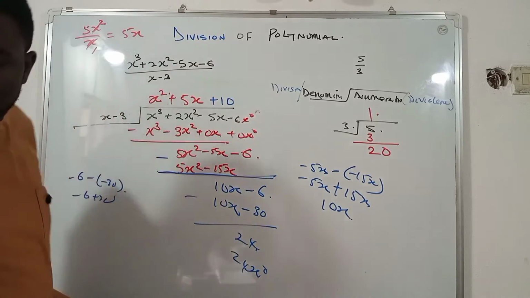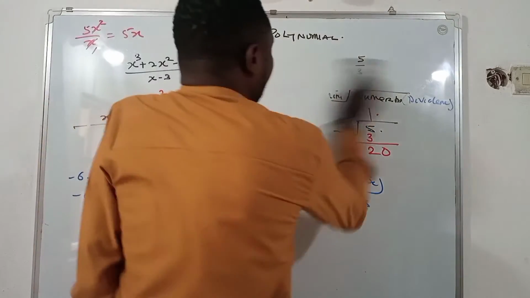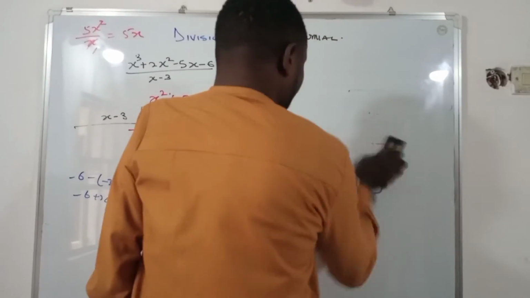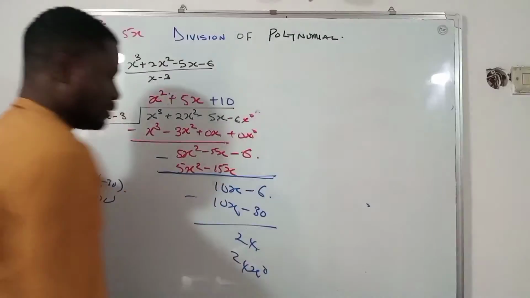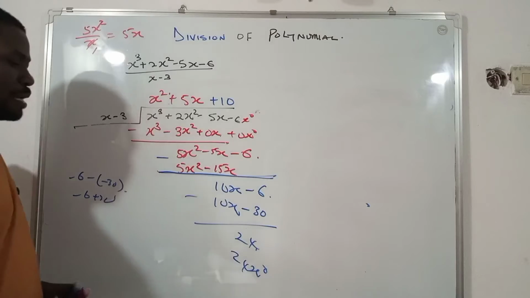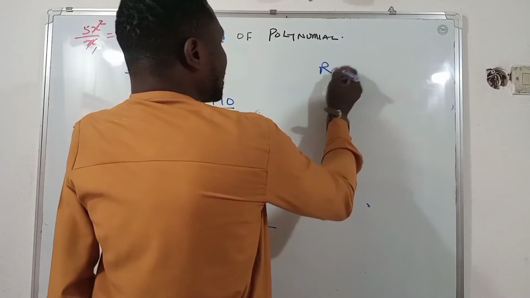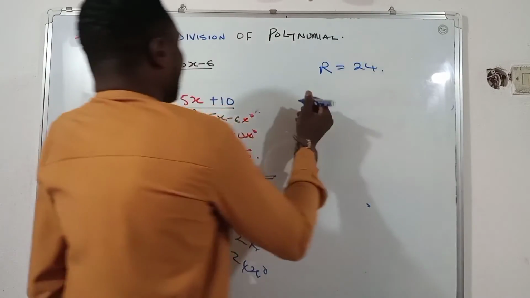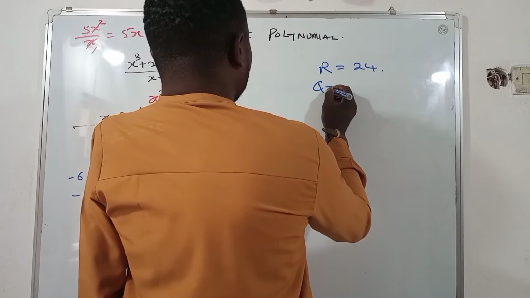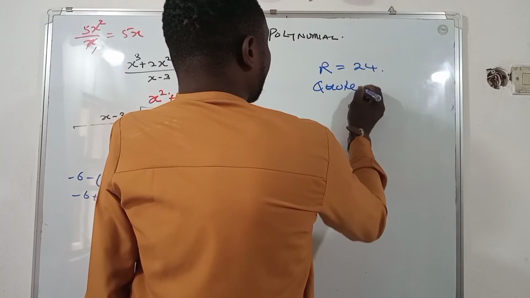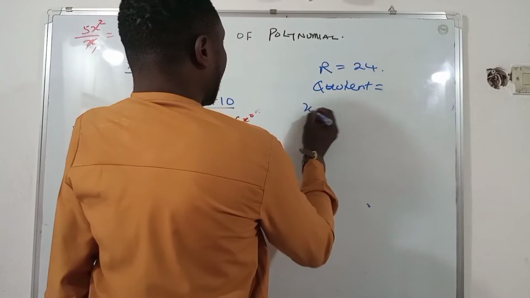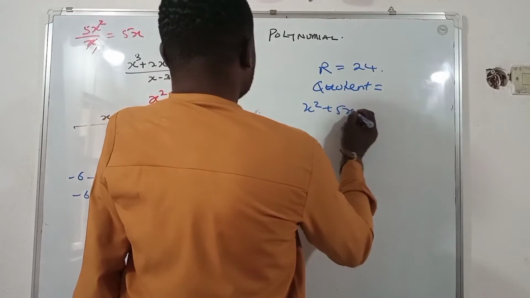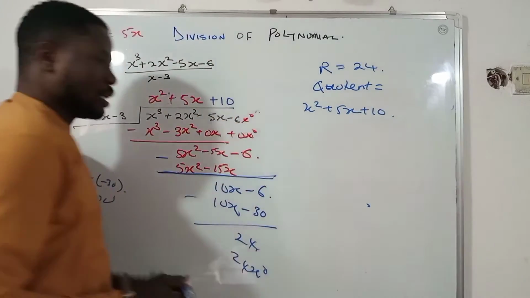Now, you will now say that from here, what this means is that our remainder is 24. It means our quotient is equal to, remember our quotient is equal to x squared plus 5x plus 10. That's our quotient.